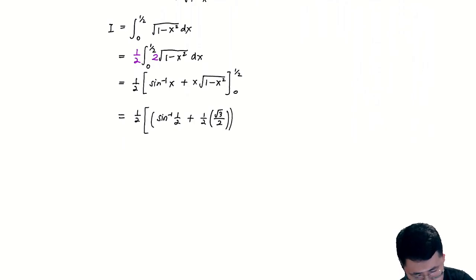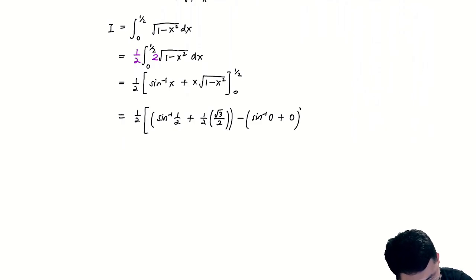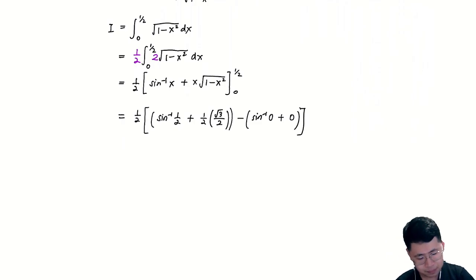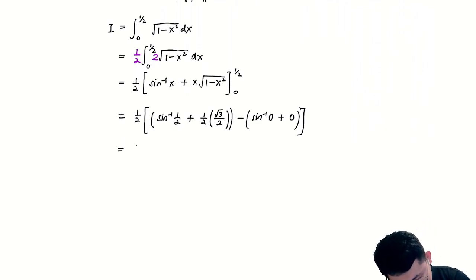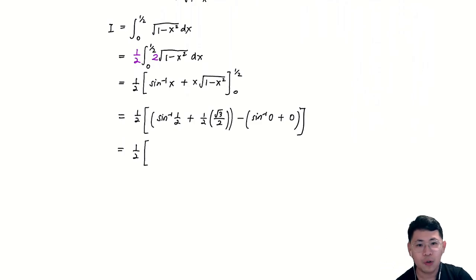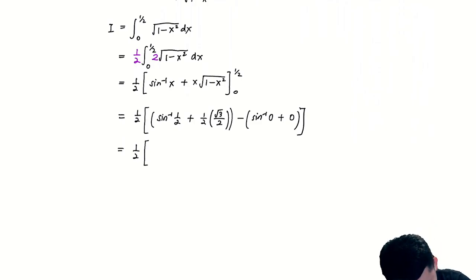So this is the first part. Second part, put in the 0 over here. So I have sine inverse of 0 plus 0. Very easy. Let's try to simplify. First one, sine inverse of half. Which angle will give us sine equal to half? This angle is 30 degrees, pi over 6. The next one over here is going to be root 3 divided by 4.